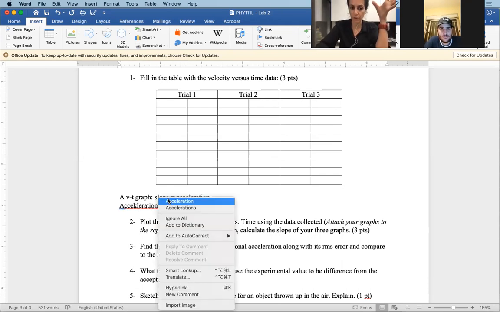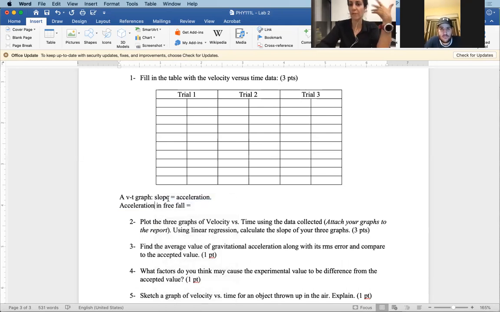It was free fall, right? Do you know what free fall is? When something falls on its own. So the acceleration theoretically, this is the theoretical value, is equal to 9.8 meters per second squared. Okay, cool. So those two statements are very important to keep.